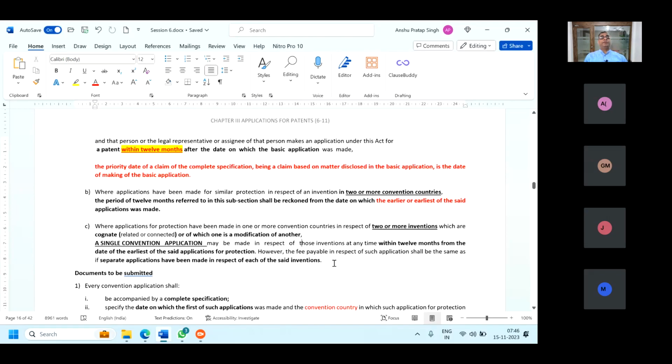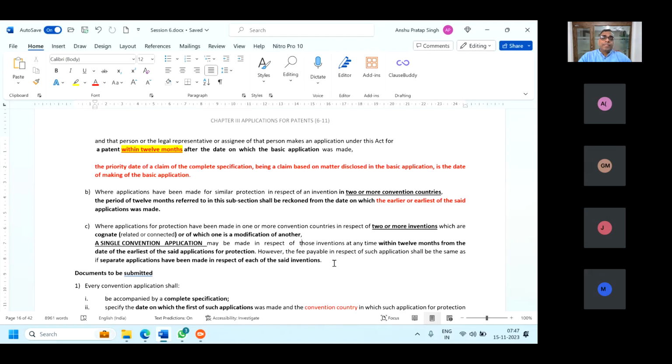Now, if you have combined two or more inventions into a single convention application, please remember we are still following the concept of one invention, one application. What we are saying is they were related applications, and you have tried to do it in one go. So this is a single invention which is based on your earlier two inventions which you have claimed earlier.